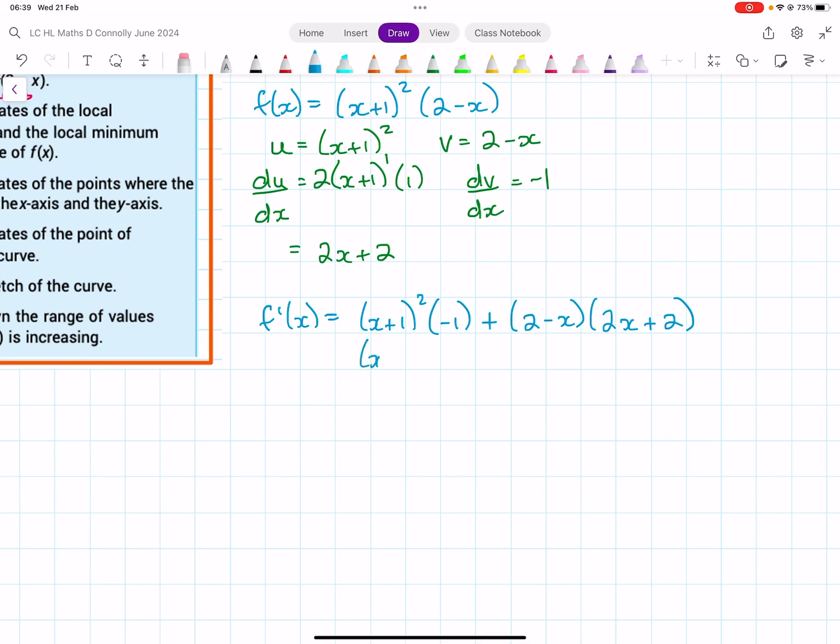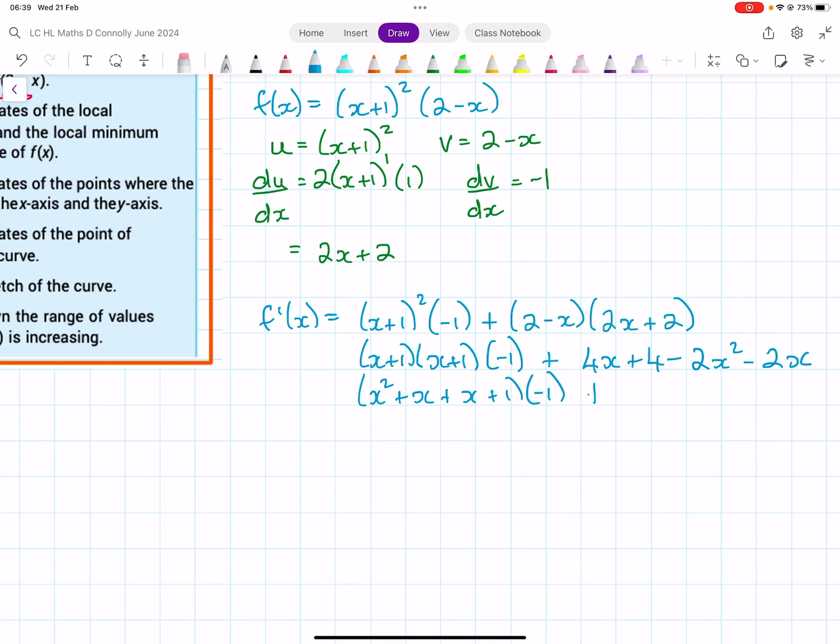So this is x plus 1 by minus 1. And then if I expand this, I get 4x plus 4 minus 2x squared minus 2x. And this becomes x squared plus x plus 1 times minus 1.